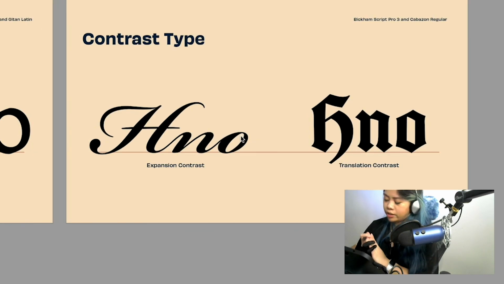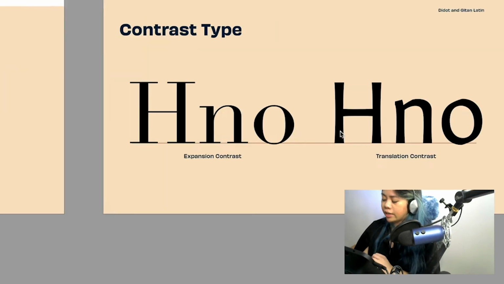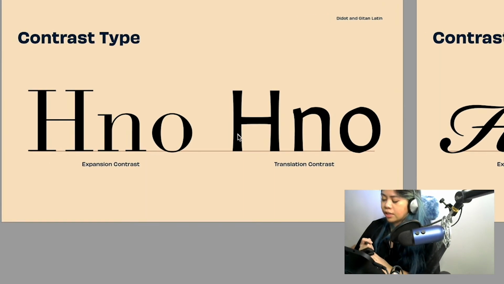The way you can distinguish what type of contrast it is is by looking at where the thins and the thicks are in the strokes. I like to focus on the O's, because the O's are the biggest giveaway of where the contrast is. Looking at the O for the Didot, the thins are at the top and the bottom.